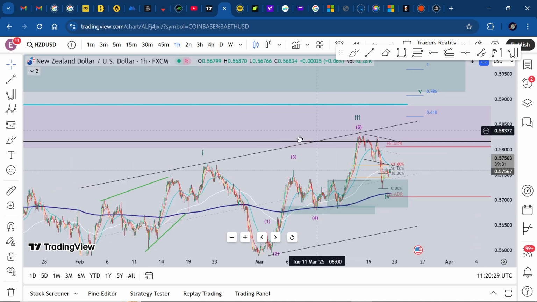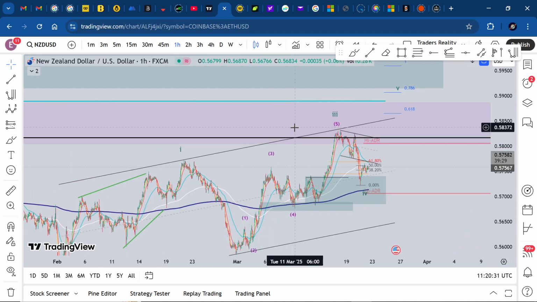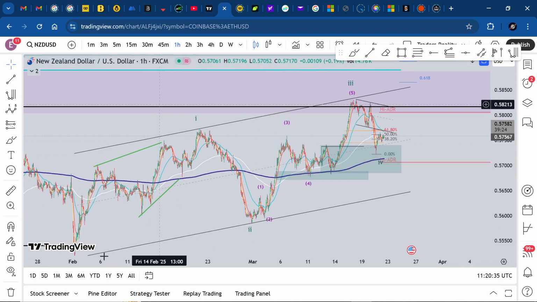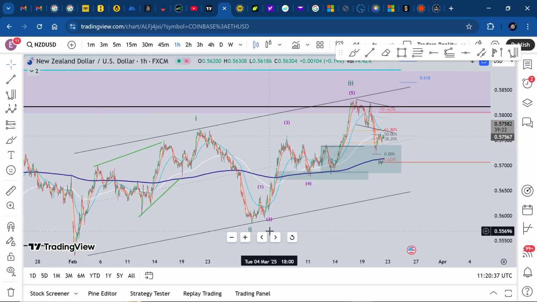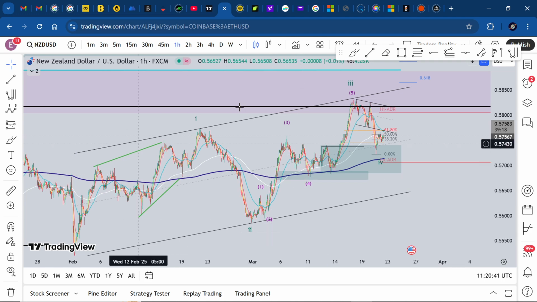Okay. Well, we've got into an area where I still believe it's coming from the lows. It's not in the same position as euro and pound. It's more similar than AUDUSD, but yeah, it's a bit different.